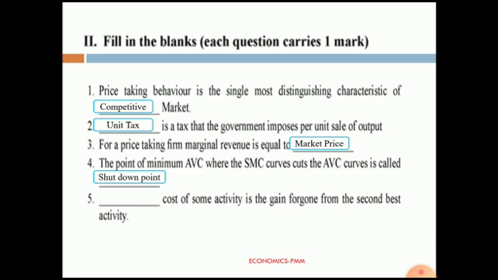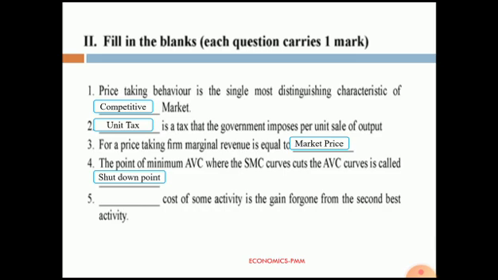It is a point of indication for the firm under perfect competition not to go beyond this point. If he is increasing the output beyond this point, he will incur loss, or he may face the high cost.